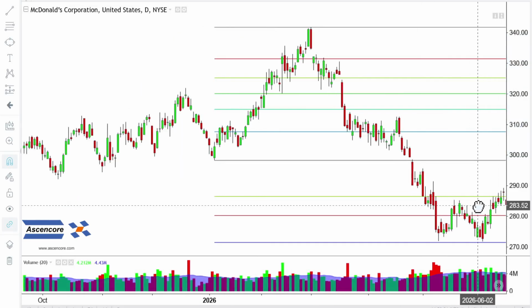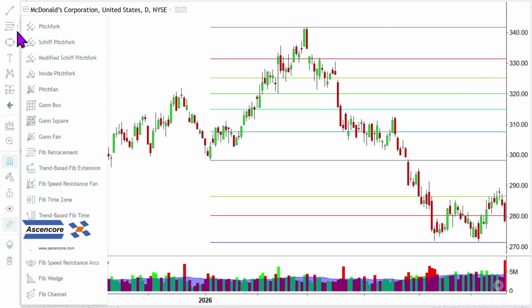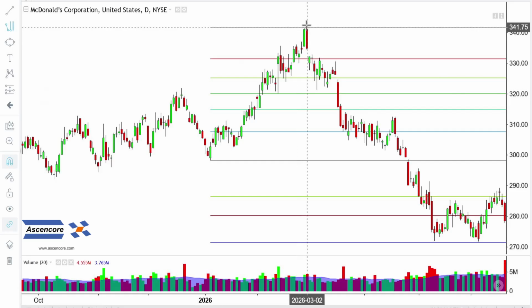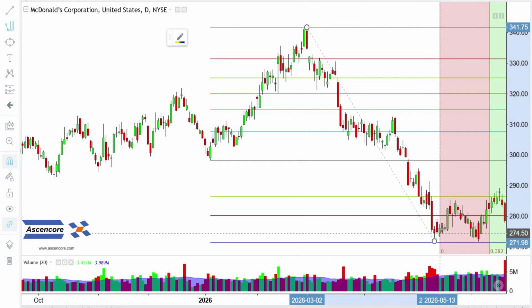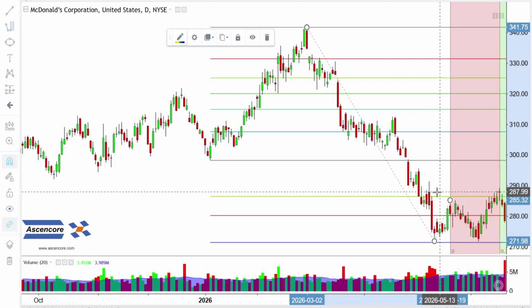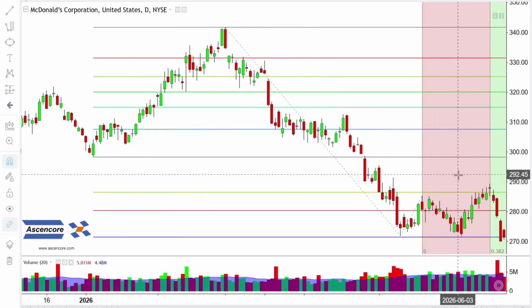Next, we can place a trend-based Fibonacci time tool on the length of the entire downtrend, from the peak to that first upswing point, just above the 1.618 extension level, with points 2 and 3 covering the length of that first upswing. This helps identify when some events of interest could happen during this more range-bound movement.